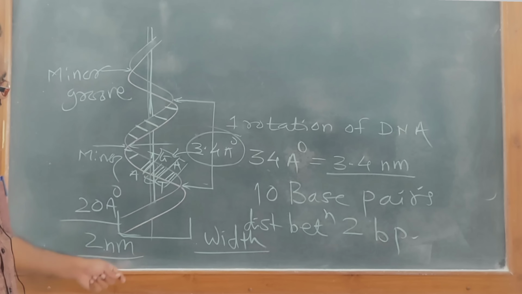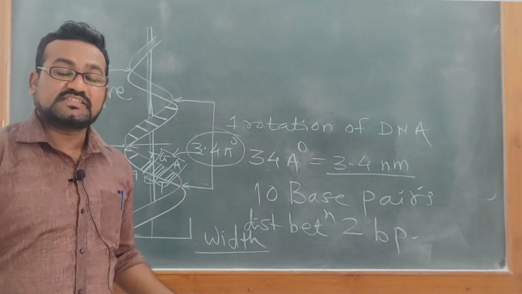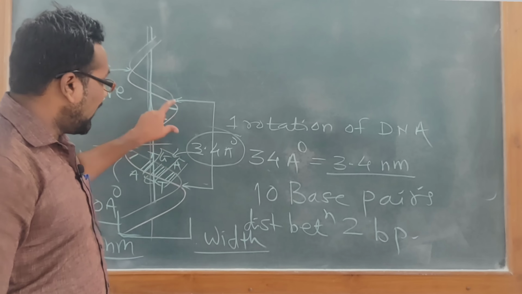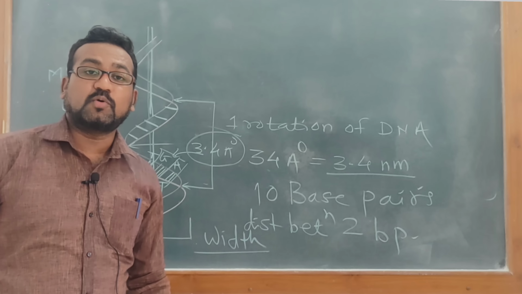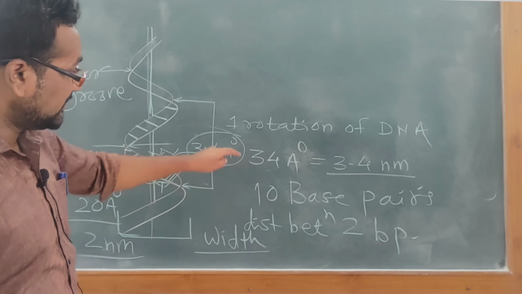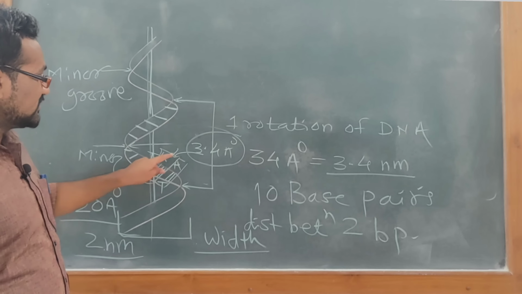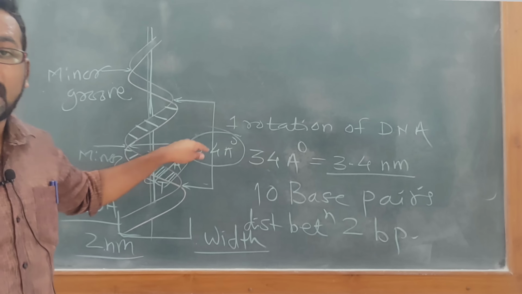So DNA shows this type of structure, thickness or width is 2 nanometer, and one rotation shows 3.4 nanometer distance. In one rotation you will have 10 base pairs, that's why distance between two base pairs is 3.4 Angstrom.